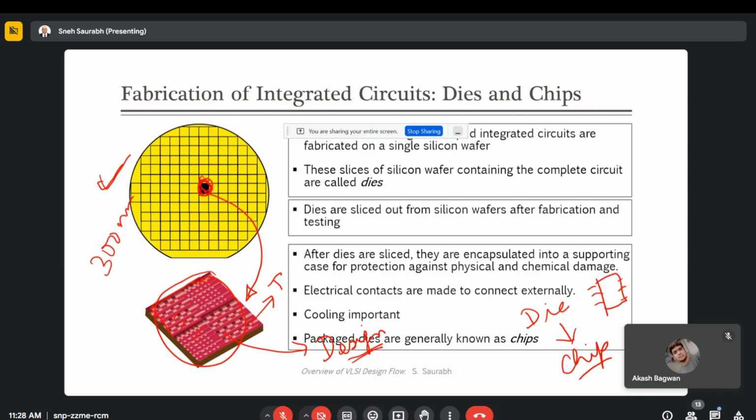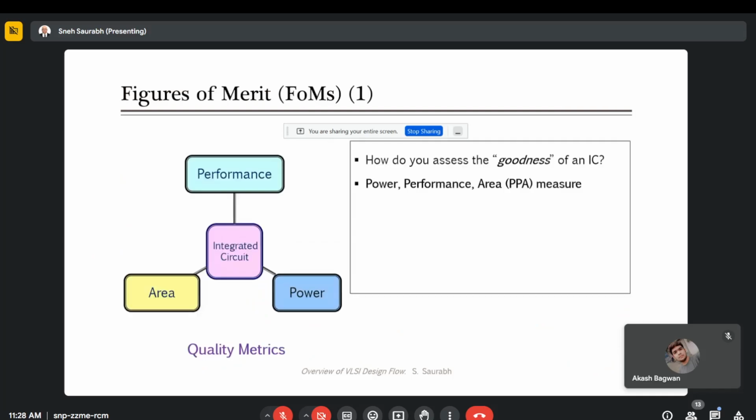So in today's lecture, we'll be discussing how to design this chip or how to make the layout of a chip, right? So when we make a layout of a chip, one of the important things that we consider is the figures of merit, right?